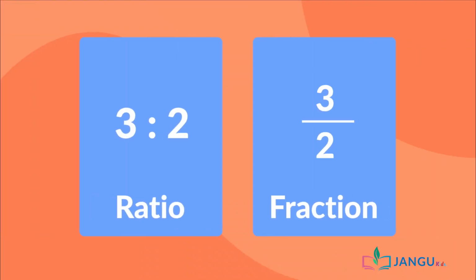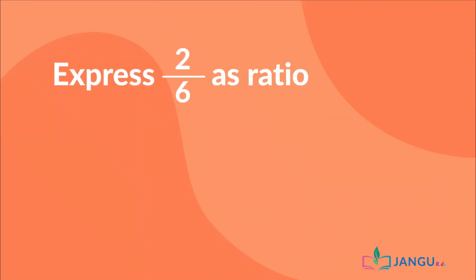Now let's learn how to convert simple fractions to ratios and vice versa using the following examples. 1. Express 2 over 6 as a ratio. Both fractions and ratios are number comparisons, and so in the example, the numerator 2 is a part of the denominator 6.